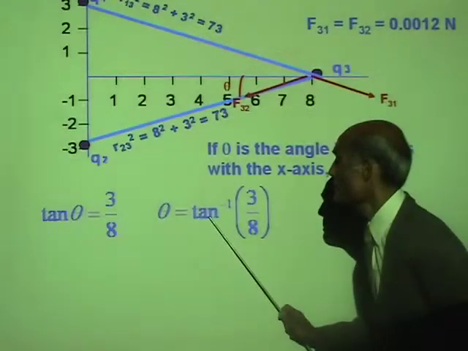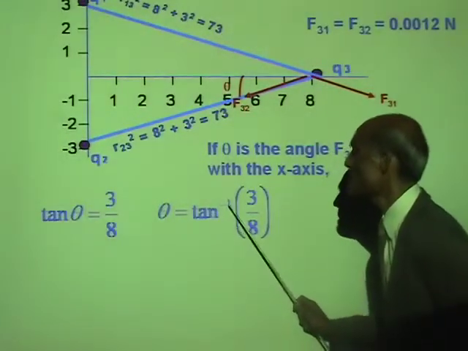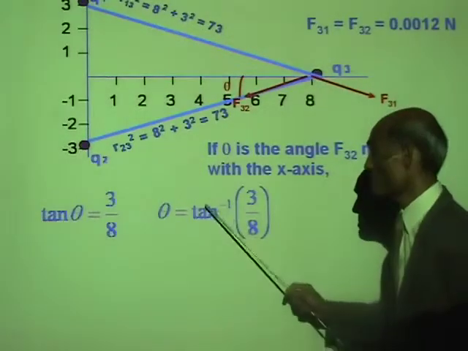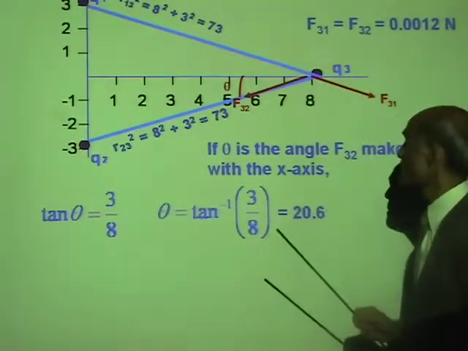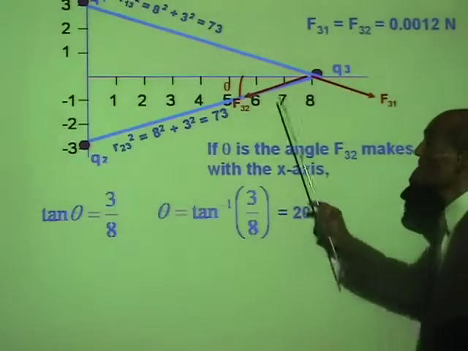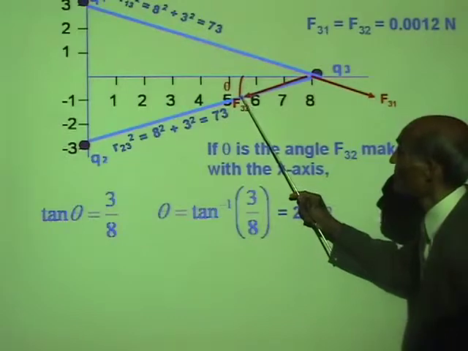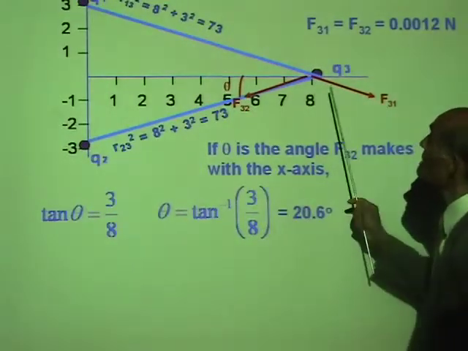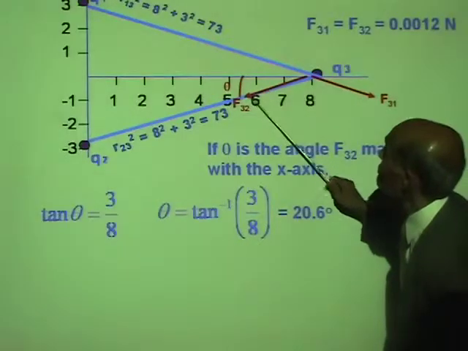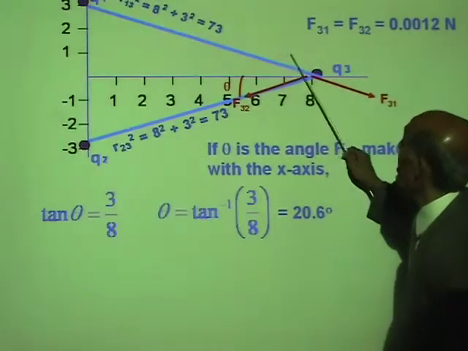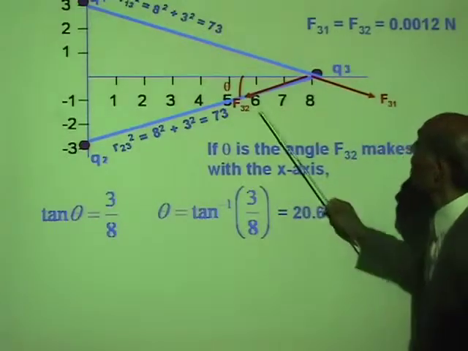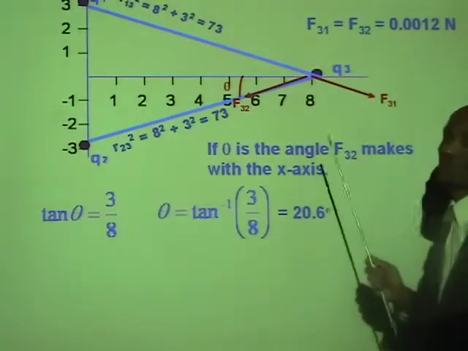Tan inverse of 3/8 should give you 20.6 degrees. So this angle is 20.6 degrees. Therefore, the angle F32 makes with the positive x-axis will be 20.6 plus 180 degrees.